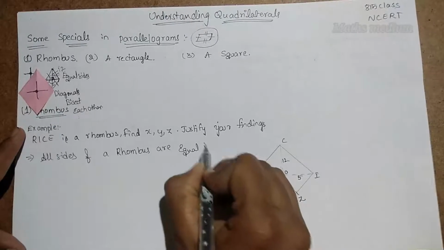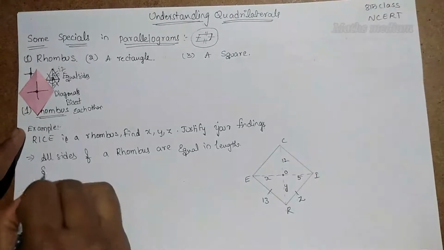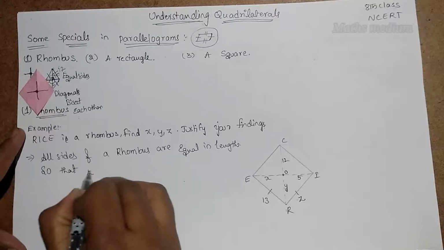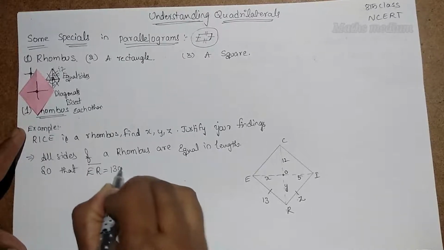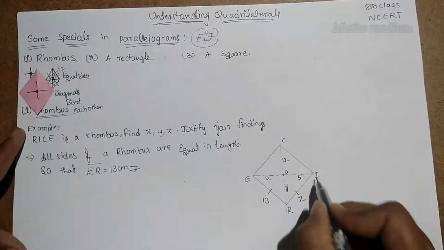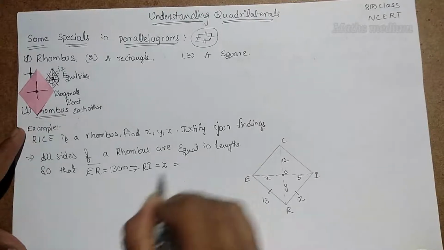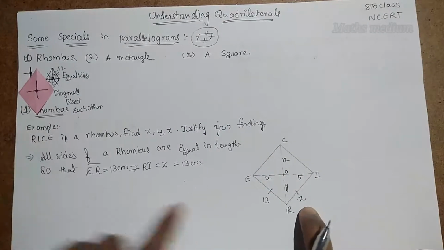So ER is equal to 13 centimeters, and it is obviously equal to RI, that is, z is equal to 13 centimeters. So here we find z.